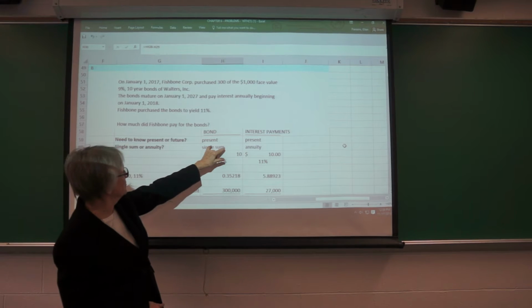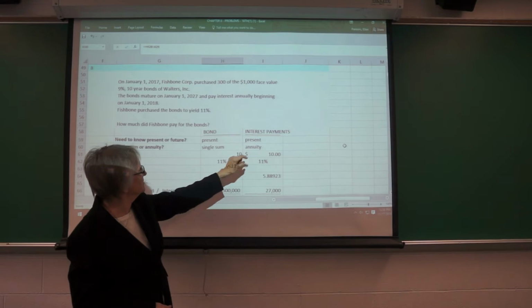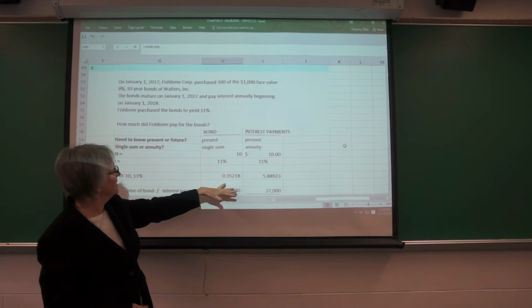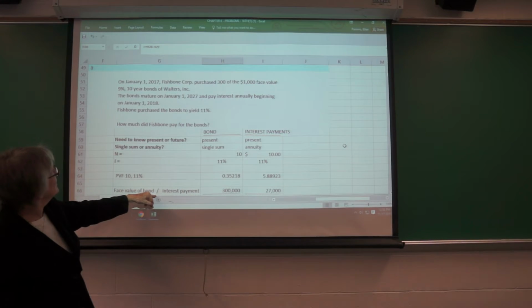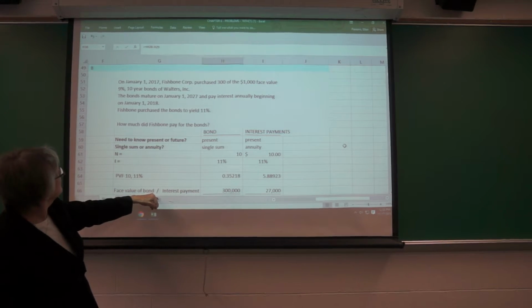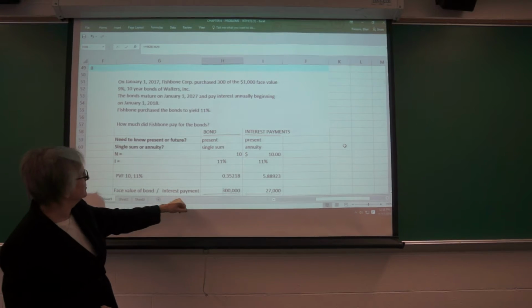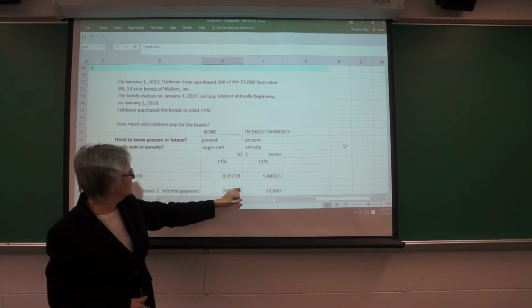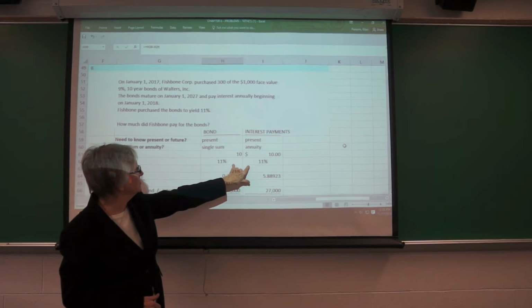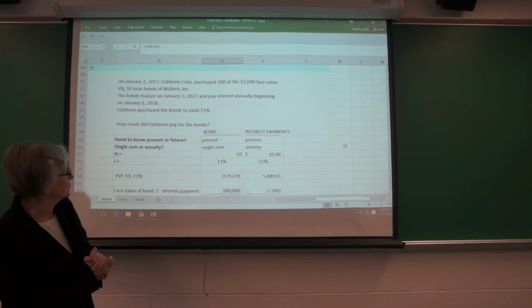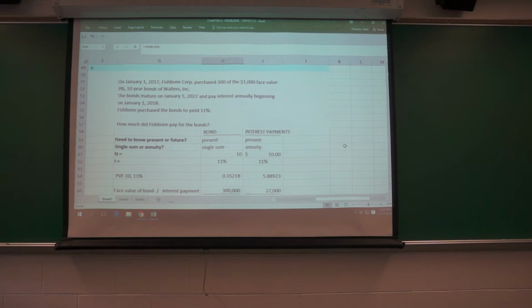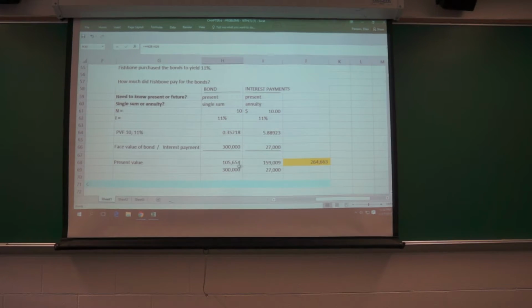So you're doing the present value, single sum for the bond, annuity for the interest. You're using the stated interest rate of 9% to compute the amount of the interest, but when you go to get the factor, you're using the market interest rate. Okay, so you compute the present value of the bonds, the present value of the interest, and you get the total present value.